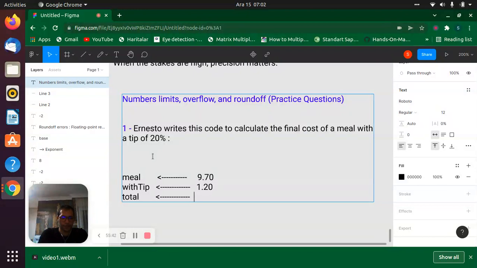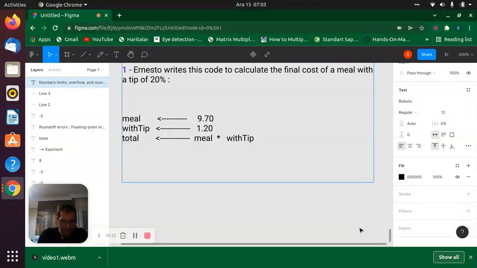But it will be meal times, not plus, sorry, times, because we are looking for percentage with tip. Now we have to multiply this one to this one. So this two, anyway, I will come down.